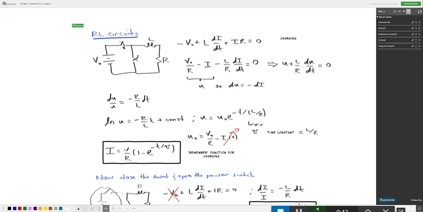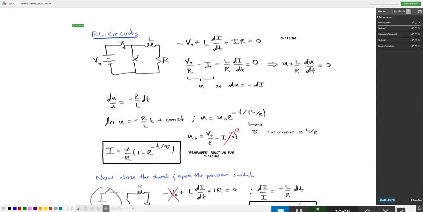So imagine we have this situation where we open this little shunt switch and we close the power switch. So we just have current going from the positive terminal of the battery through the inductor, through the resistor, and back to the negative terminal of the battery. So following this loop clockwise and starting at the negative terminal of the battery, I have this expression for Kirchhoff's loop law.